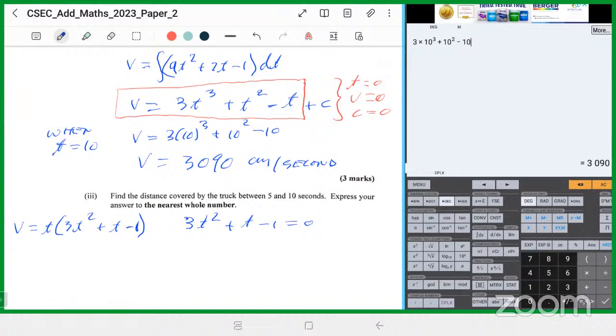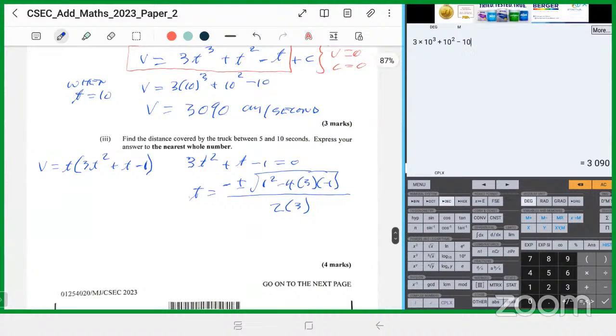Using the quadratic formula, t is going to be minus b, which is minus 1, plus or minus the square root of b squared, so 1 squared, minus 4 times a, which is 3, times c, which is negative 1, and putting everything over 2 times a, which is 3.